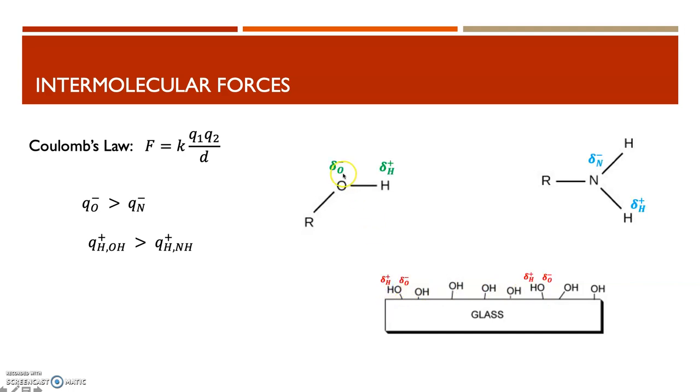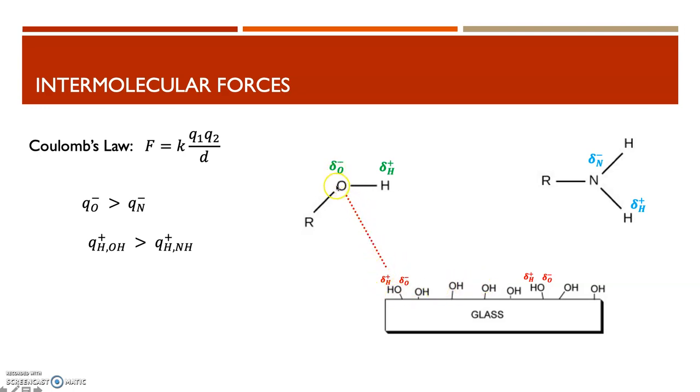So if we look at the partial charges here, my molecule hydroxyl has partial negative on oxygen, partial positive on hydrogen. The hydroxyl on the glass surface also has a partial negative on oxygen and a partial positive on hydrogen.